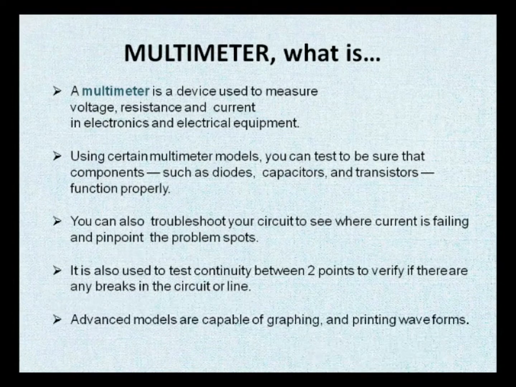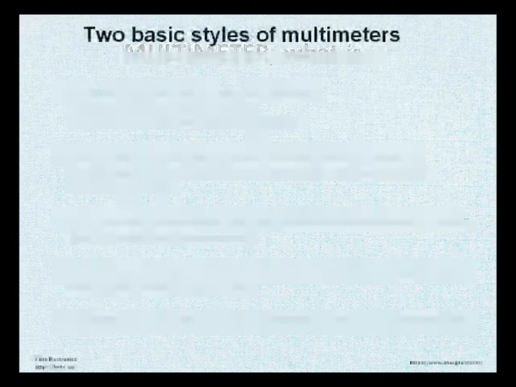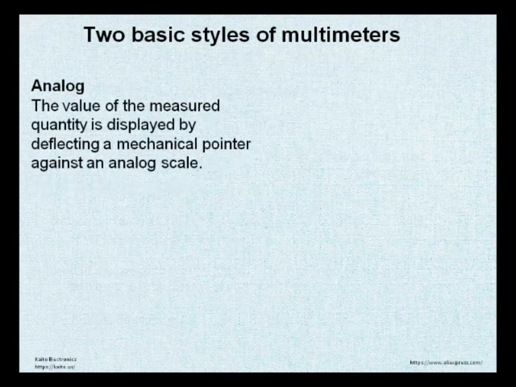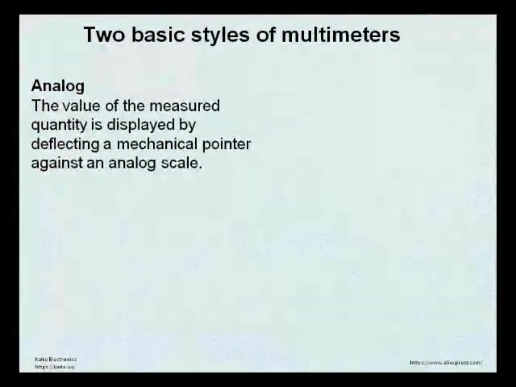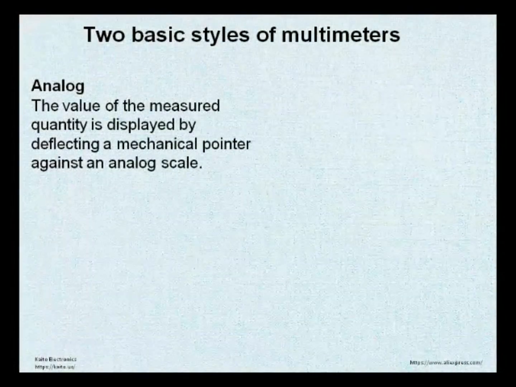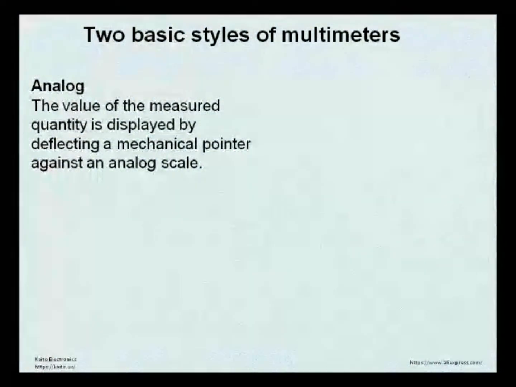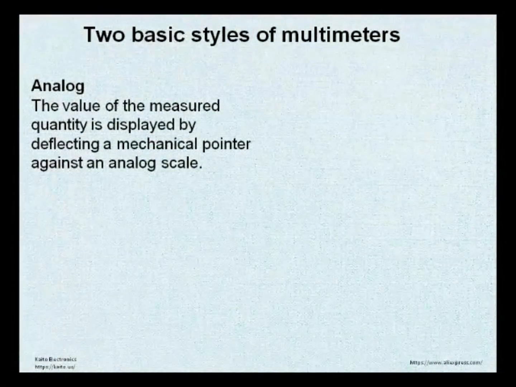And advanced multimeters are capable of graphing and printing waveforms and doing all kinds of wonderful things that you haven't even dreamt of, but you'll be able to see some of that in this course. 2 basic styles of multimeters: analog, where the value of the measured quantity is displayed by a mechanical pointer against an analog scale.